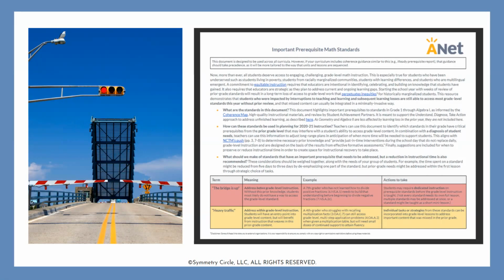Or is it more of a situation of heavy traffic where you can get across, it's just going to take a bit more time? And so what they've done in this resource is they've taken all of the grade level standards and color coded them by whether they will cause the bridge to be up if students are missing this, or if it's more of a heavy traffic situation.